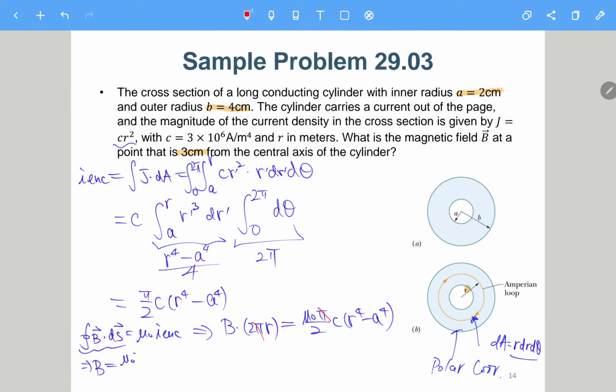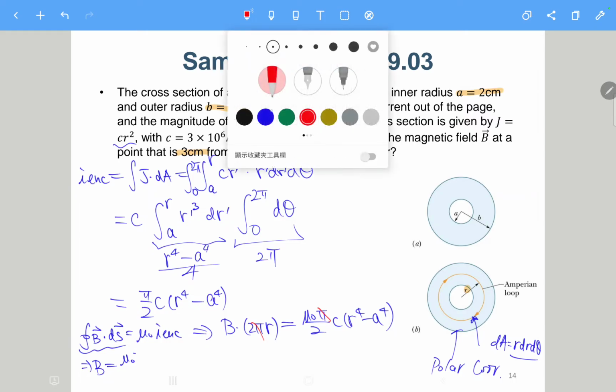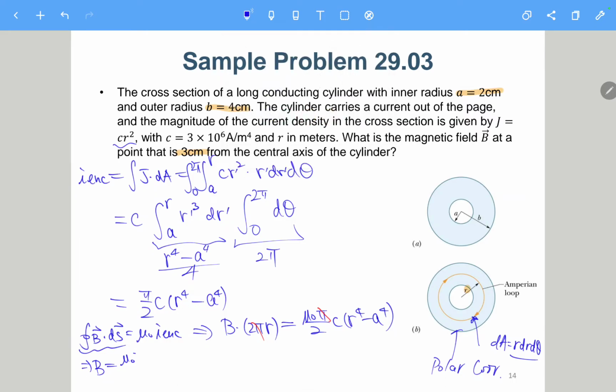This pi and this pi can be cancelled. So we have mu 0 times C over 4r times r to the fourth power minus a to the fourth power.